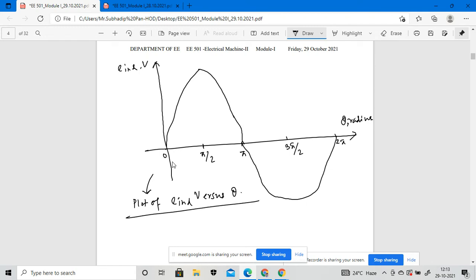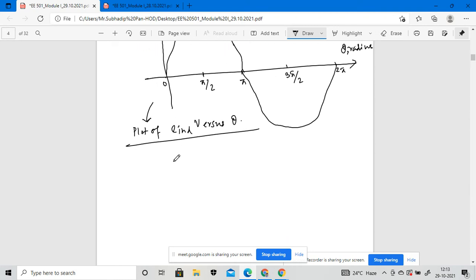Okay, so the total induced voltage on the loop, E induced, is the sum of the voltages of each and every segment. So how could I find out E induced? We will be summing all the segment induced voltages.